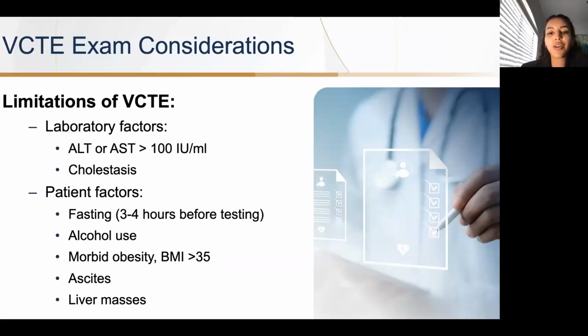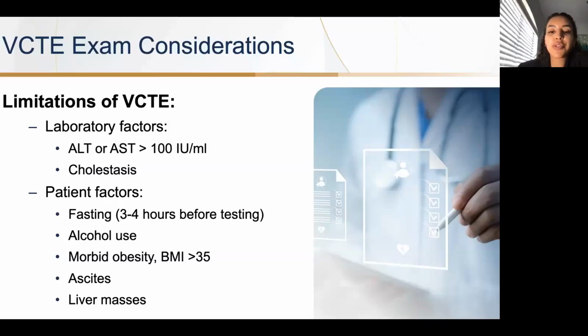Alcohol use, as we know, alcohol can increase inflammation within the liver tissue, so that can give us a false elevation as well. Another limitation that is difficult is that if patients are morbidly obese or have a lot of central adiposity, that can make it difficult to get a good quality exam.